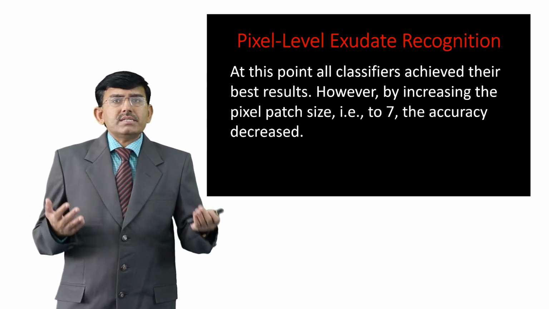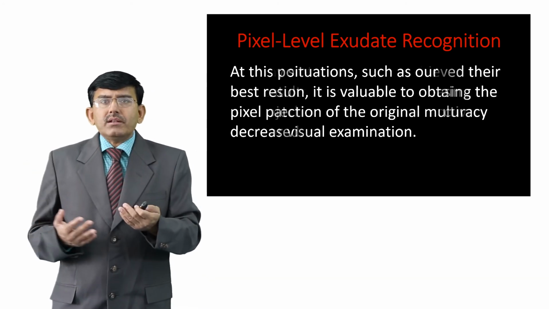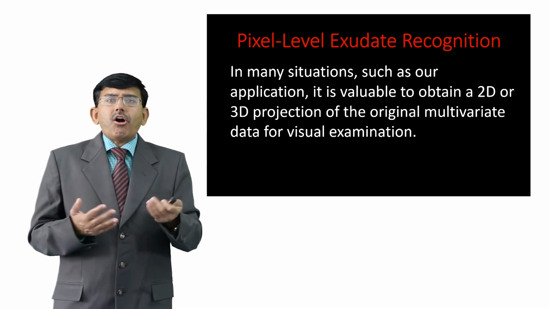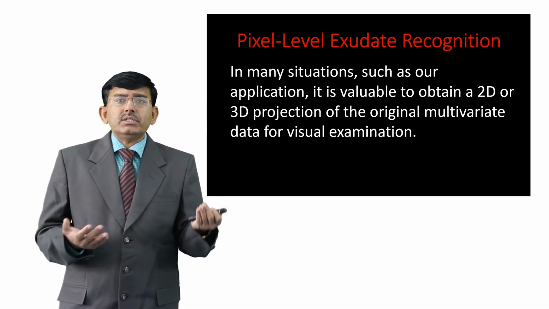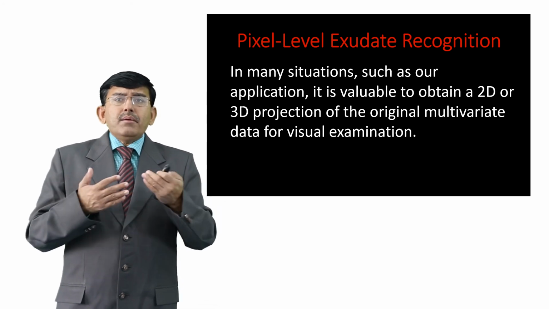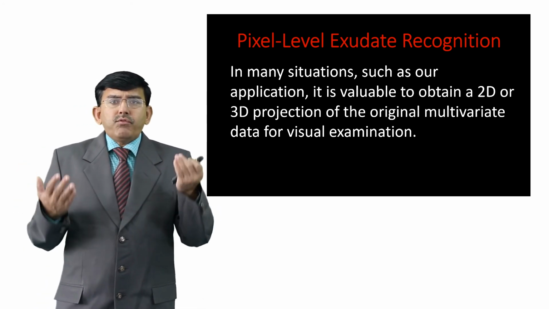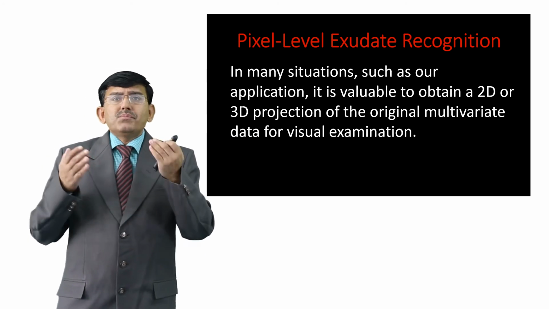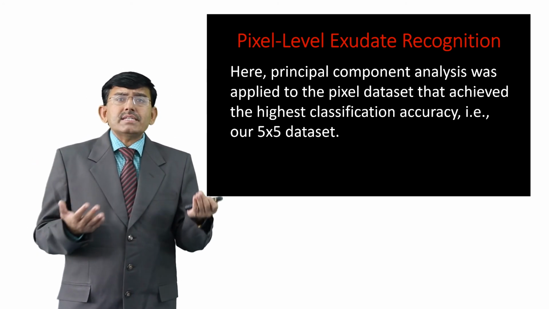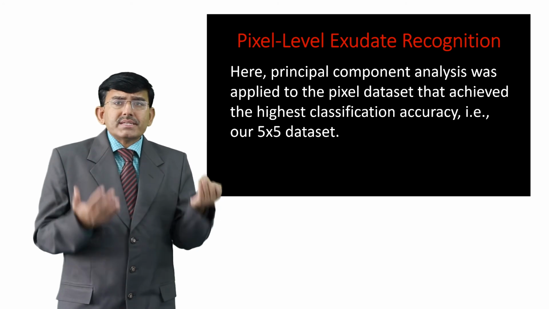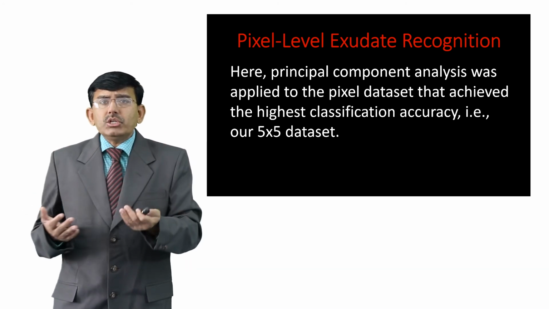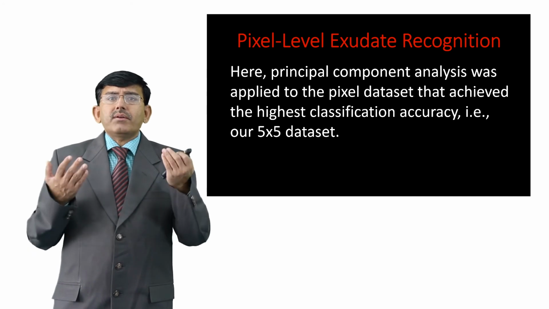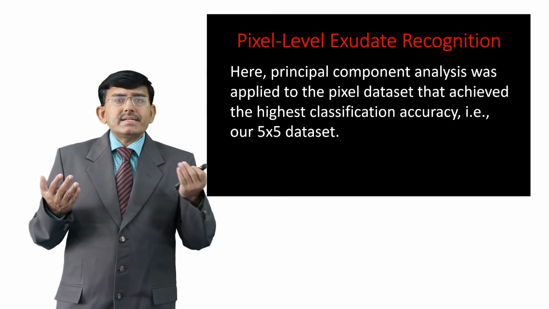In many situations, such as our application, it is valuable to obtain a 2D or 3-dimensional projection of the original multivariate data for visual examination. Here, principal component analysis was applied to the pixel dataset that achieved the highest classification accuracy, that is our 5 by 5 dataset size.